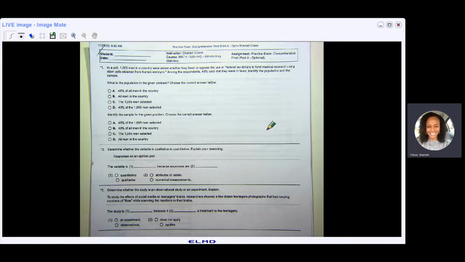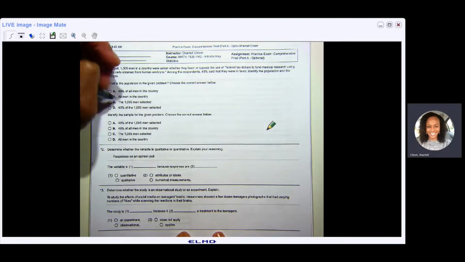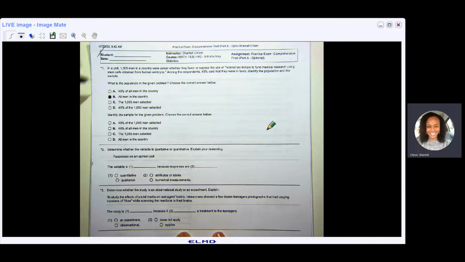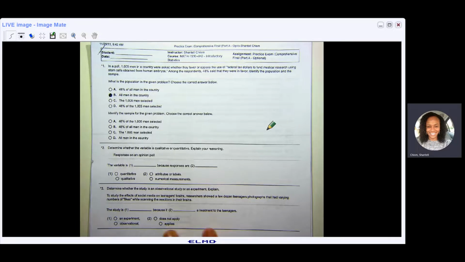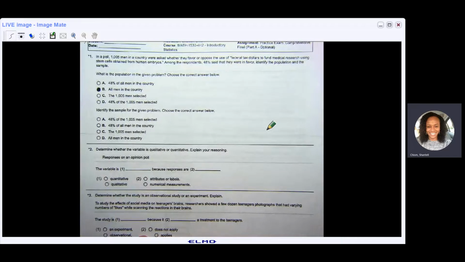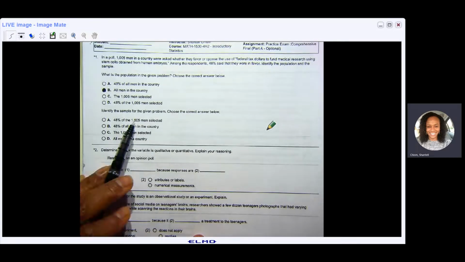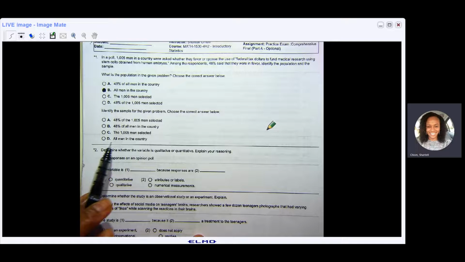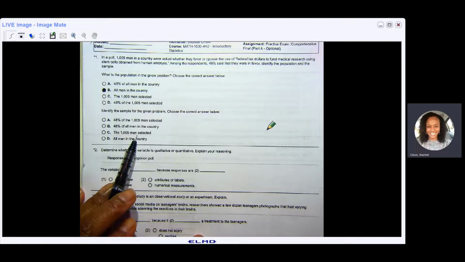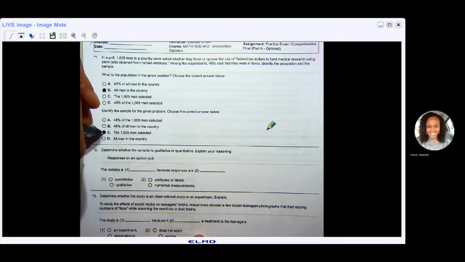So the 1,000 men came from all the men in the whole country. So your population would be B, all men in the country. That first question is, what is the population? Now, the second part of number 1 asks us to identify the sample. That would be the 1,000 men that were selected. So that would be C.